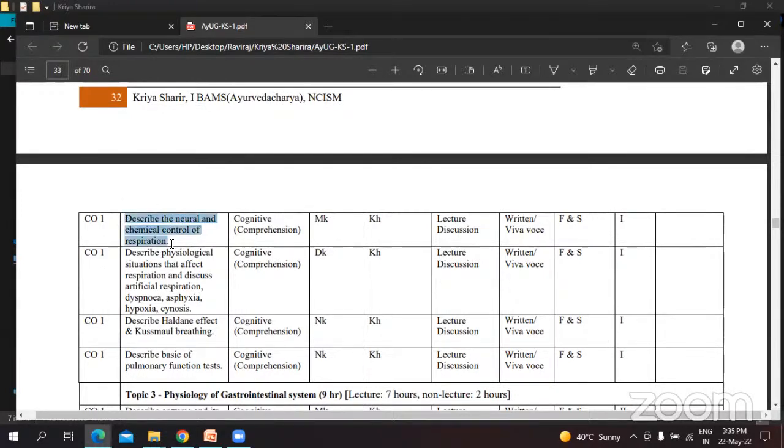So how PO2, partial pressure of oxygen, and partial pressure of carbon dioxide affect the process of respiration. What sort of mechanism is seen there, right? So this we will be teaching you first in the classroom.